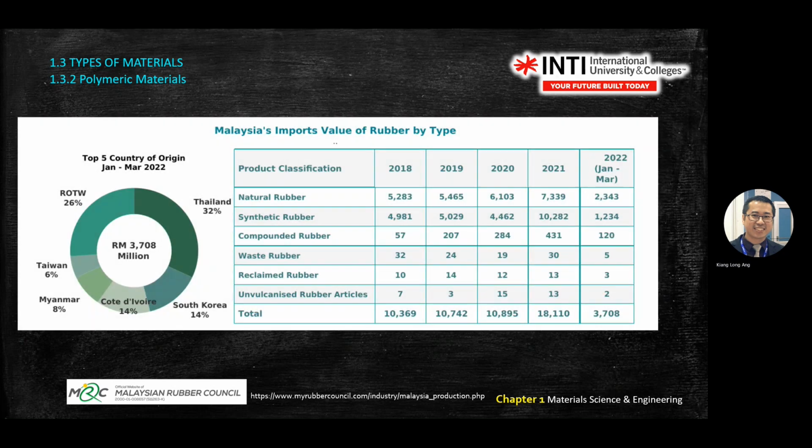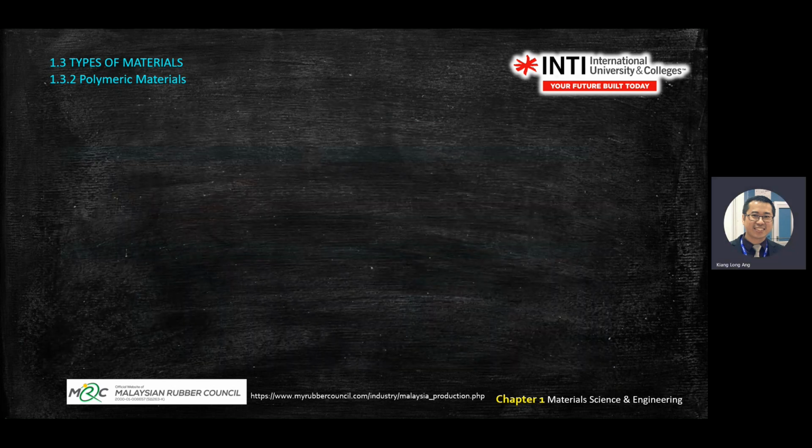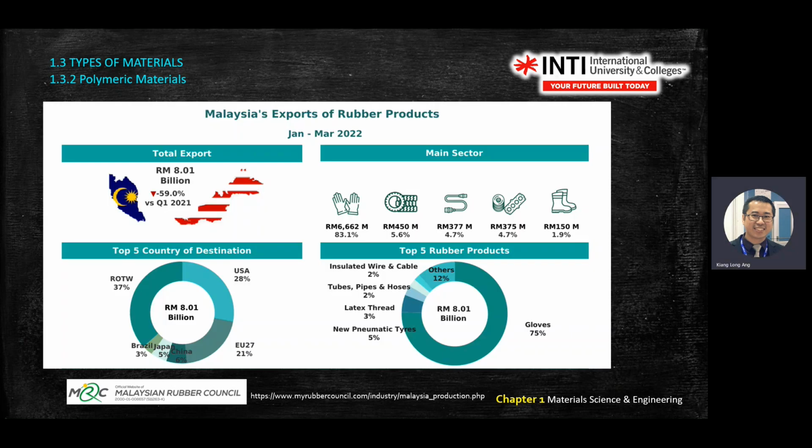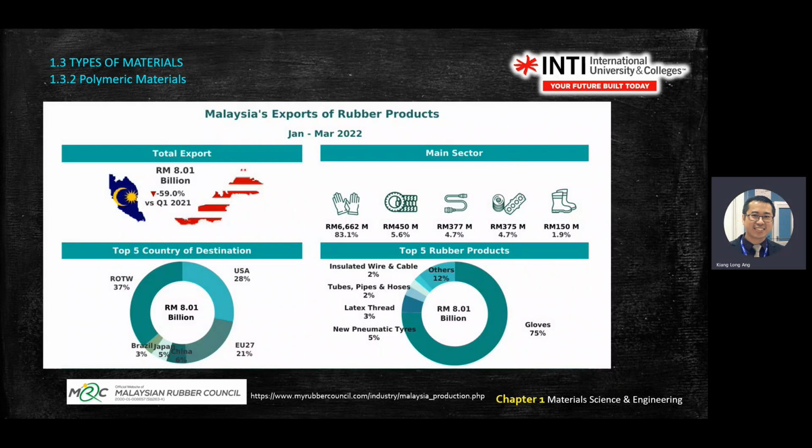This other one you can read. All these numbers, I won't ask you. I just give you some ideas of what is happening out there. You can see gloves are actually the famous products out there.